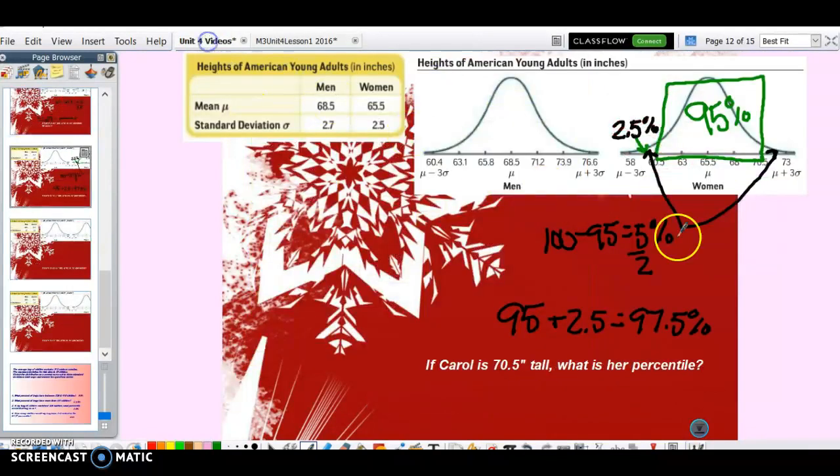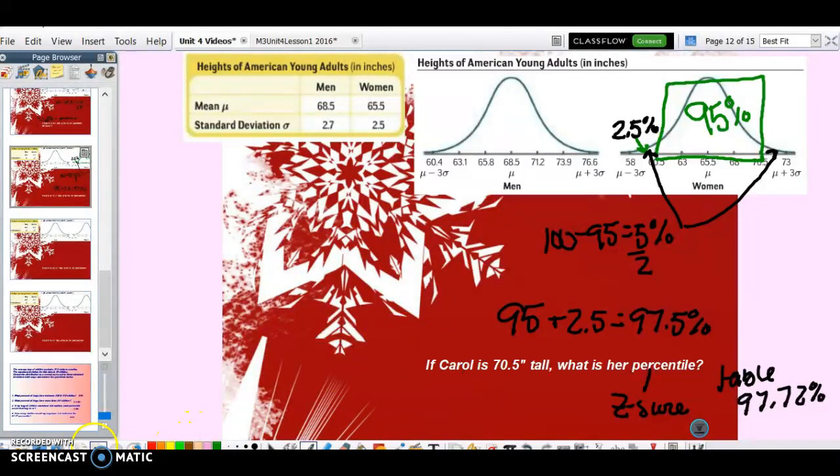So if we come back here, that's pretty close. So we could say from our table, she's 97.72 percentile. Remember, percentile we also refer to as the z-score, and that's why we get it from that table right there. So 97.72% of the people are shorter than Carol.